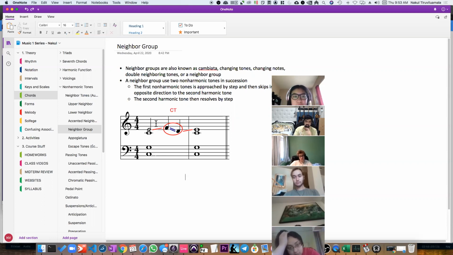The reason it sounds good is because you're still centered around the chord tone that the neighbors are surrounding. For instance, this F is the upper neighbor, this D is the lower neighbor. Even though you're skipping between two non-chord tones, you still have the sensation that everything is in relation to this chord tone, which is E.